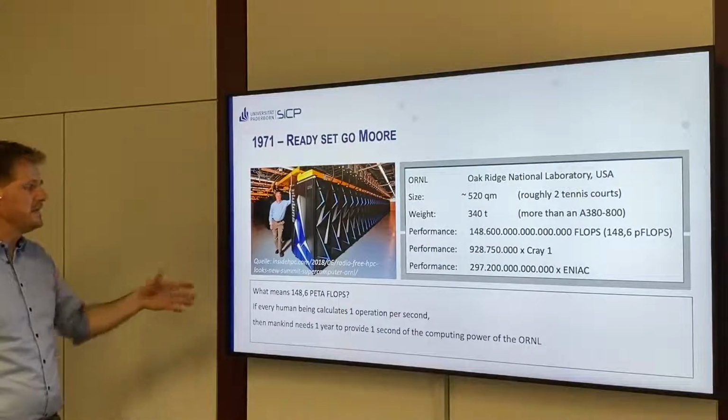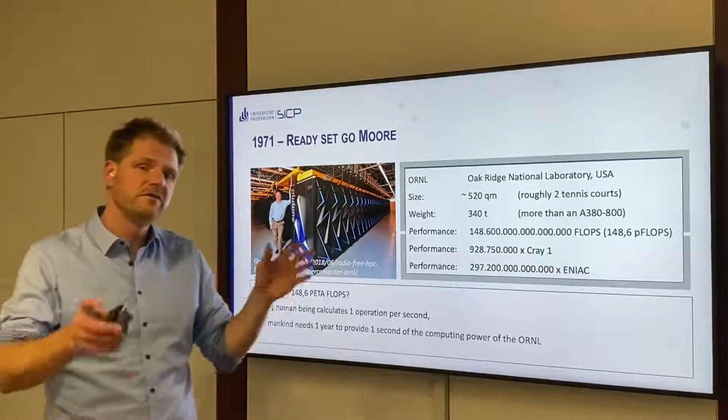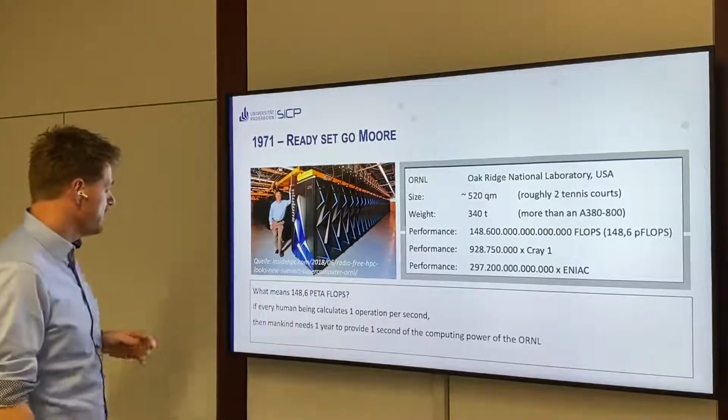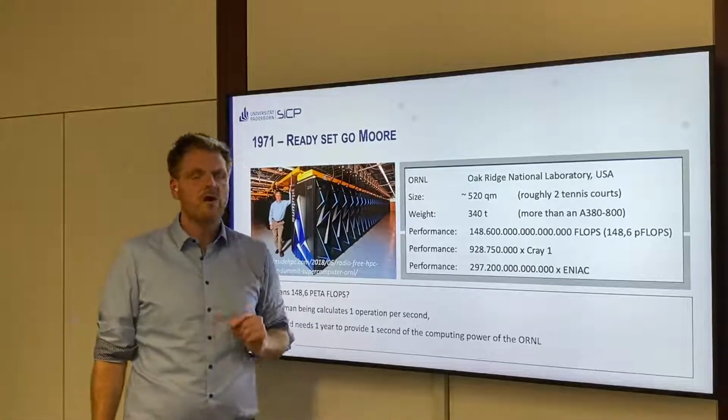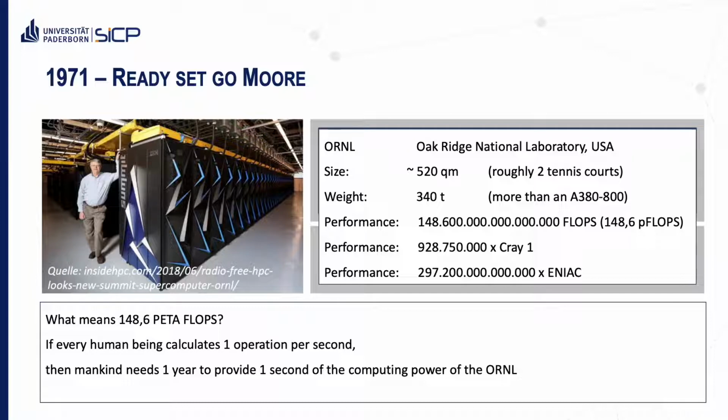What does it mean to have roughly 150 petaflops? If every human being calculates one operation per second, mankind needs 1 year to provide 1 second of the computation power of the Oak Ridge High Performance Computation Center. So this is a lot of power compared to what we can do.